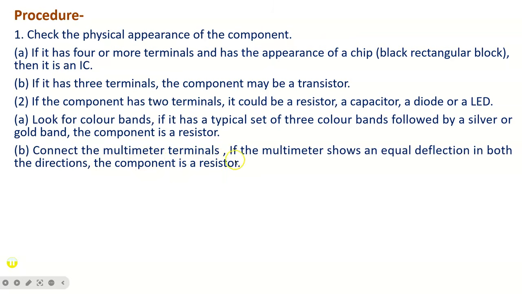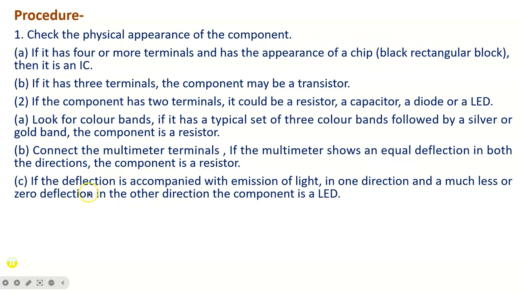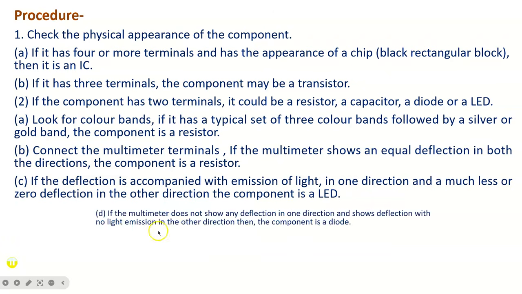Connect the multimeter terminals. If the multimeter shows an equal deflection in both the directions, the component is a resistor. If the deflection is accompanied with the emission of light in one direction and a much less or zero deflection in the other direction, the component is a LED.